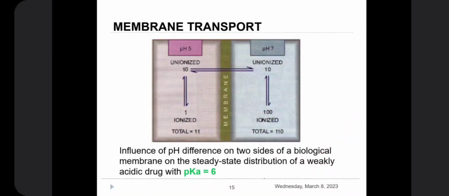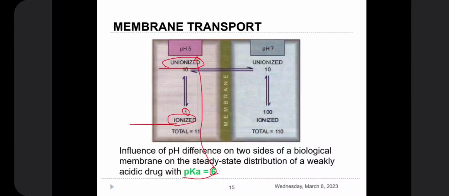And this is about how pH influences the ionized form and the unionized form. You can see here. Because this drug's pKa is 6, when it gets to the pH 5 environment, it becomes more acidic. Then the unionized form takes up 10, and the ionized form is just 1.